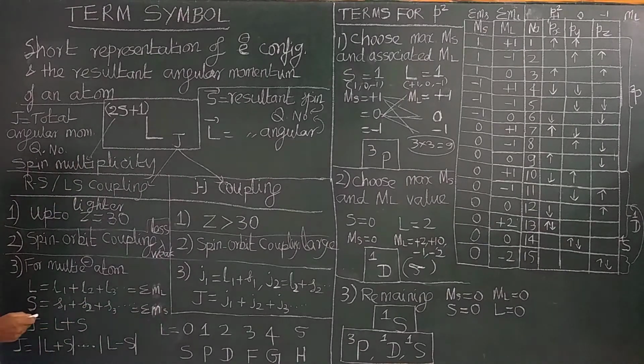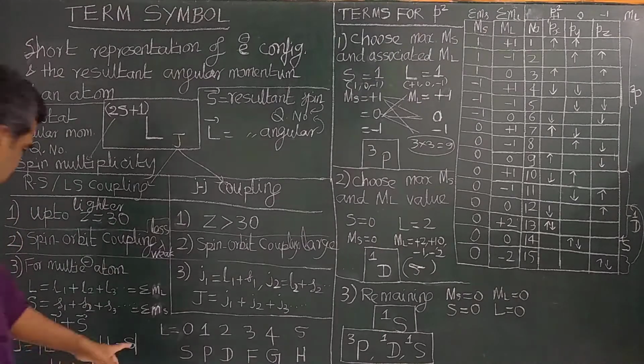This is a vector quantity. Therefore J can have values from modulus of L plus S to modulus of L minus S. For example, J equal to 1 means plus 1, 0, minus 1, three values.